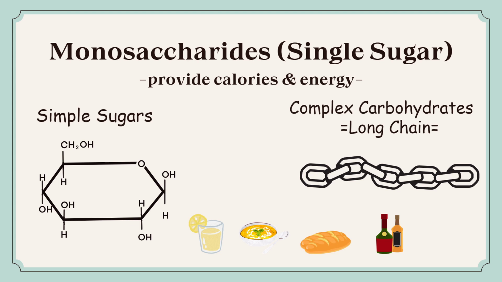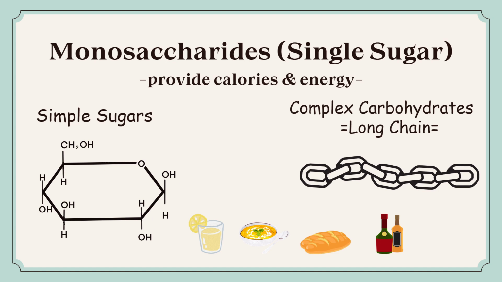A combination of carbon, hydrogen, and oxygen atoms arranged in rings that can exist alone or in pairs is called a simple sugar. Complex carbohydrates are created when these rings join forces to form long chains.